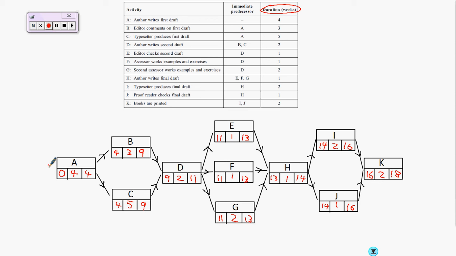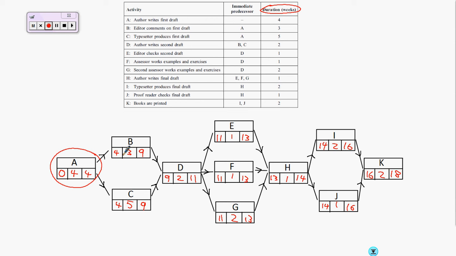The next thing to identify is the critical path. To do that, we're going to look for activities that don't have any float. So if we look at A, it starts at time 0, it takes 4 weeks and it has to be finished by 4 weeks. There's no space in that time frame, so A is critical.